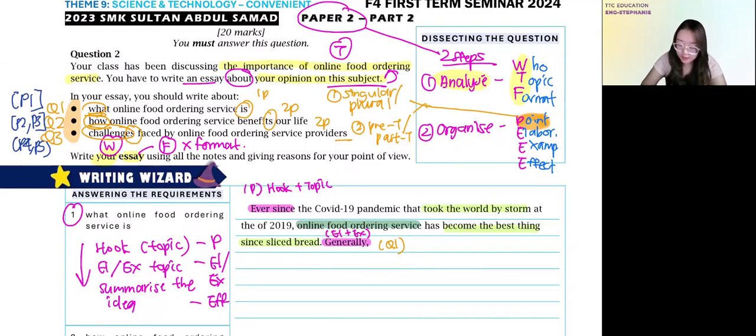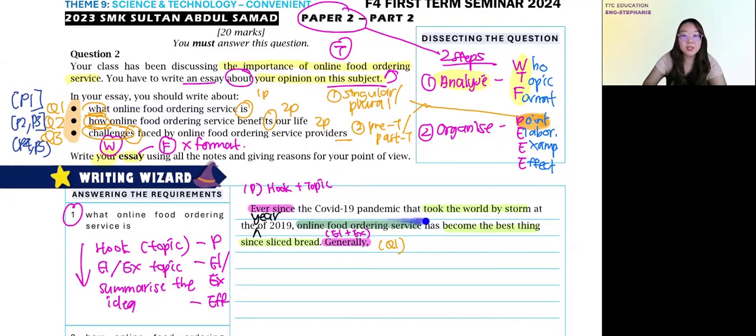Here I've already demonstrated how to start your essay. Ever since the COVID pandemic took the world by storm in the year 2019, please write it down, online food ordering service has become the best thing since sliced bread. Generally, only then do we go into the definition, telling them what online food ordering is.